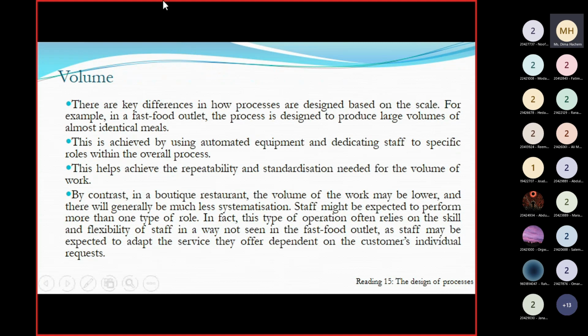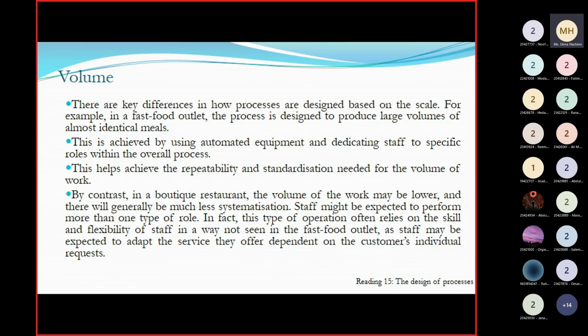All right. So the first one, volume, there is a key difference in how processes are designed based on the scale. Okay. Based on the scale, meaning based on the quantity. For example, in a fast food outlet, the process is designed to produce large volumes of almost identical meals.